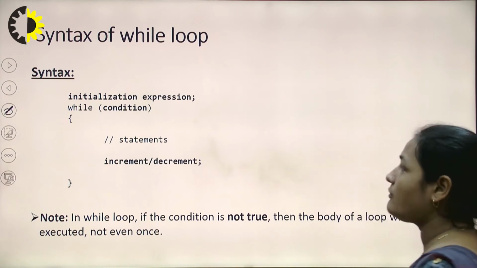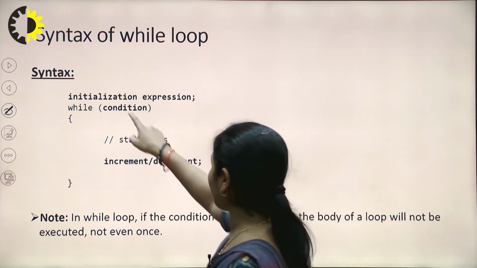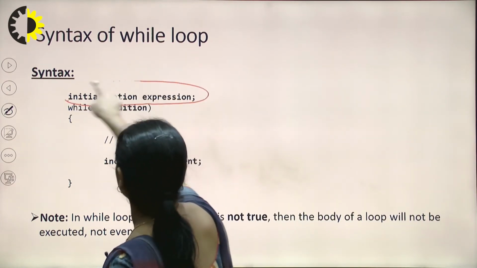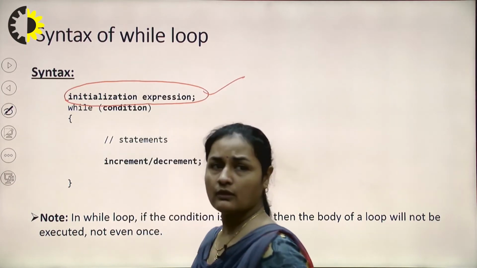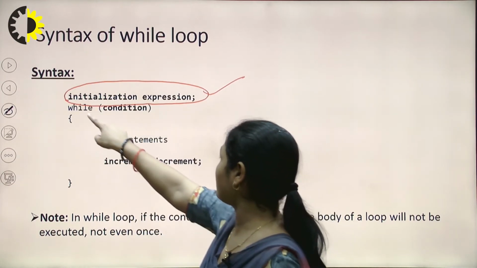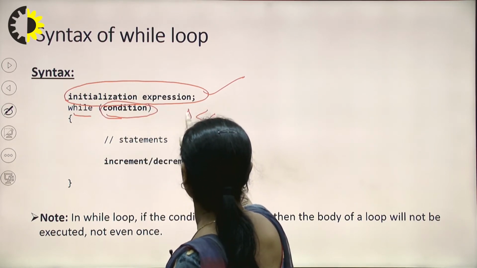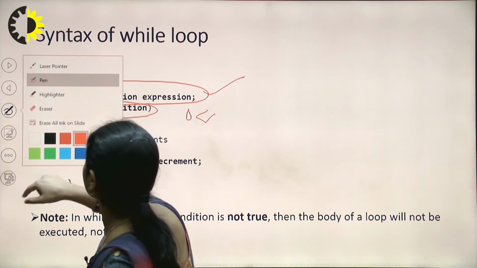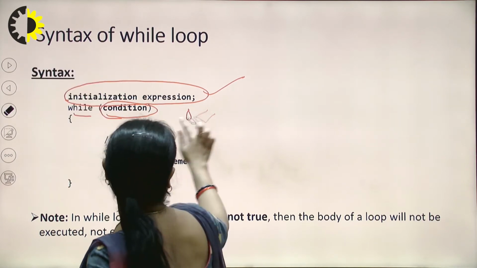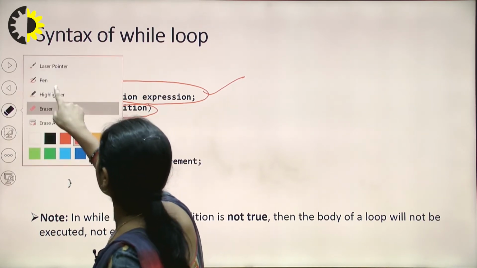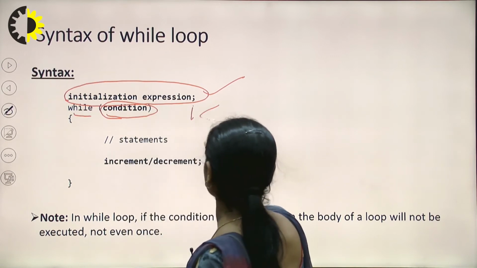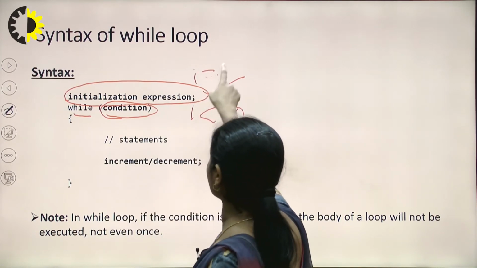The syntax of the while loop: here the initialization expression is right before the start of the loop. Then after that we write while and we give the condition, for example, i is less than 10, and here we give i is 1.